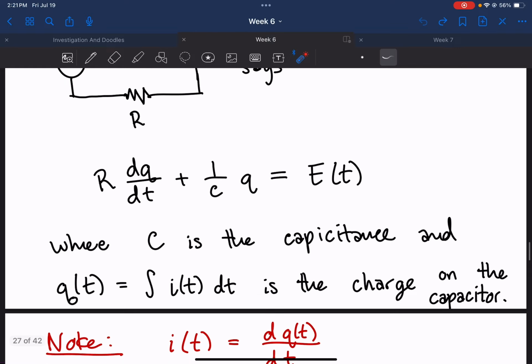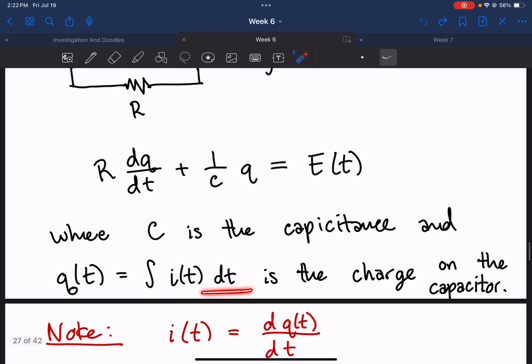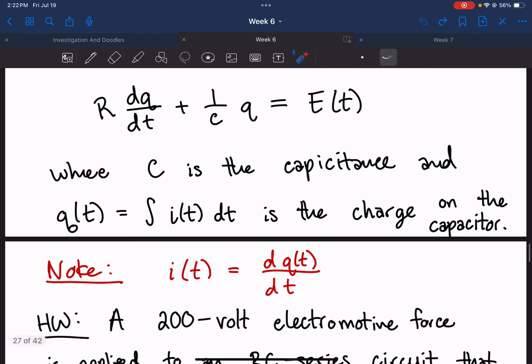And the important relationship here is that Q, the charge across the capacitor, is the integral of the current per unit time. It's the antiderivative, which means that I is the derivative of charge with respect to time.